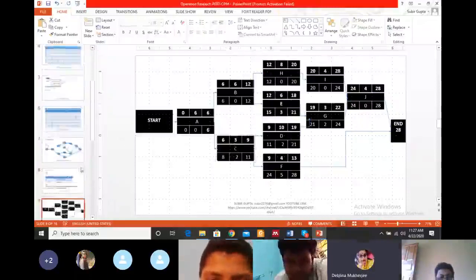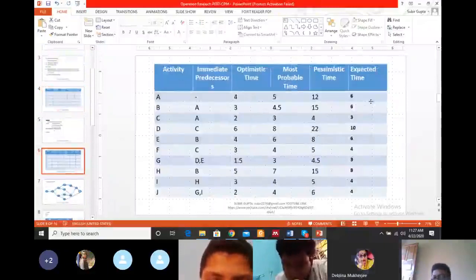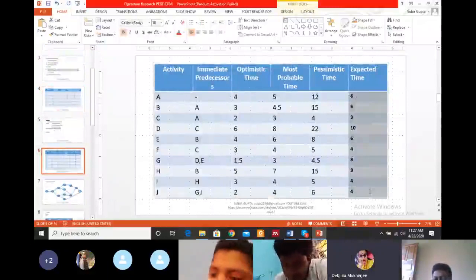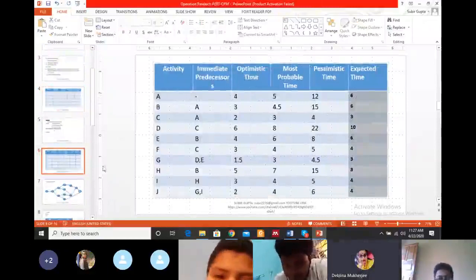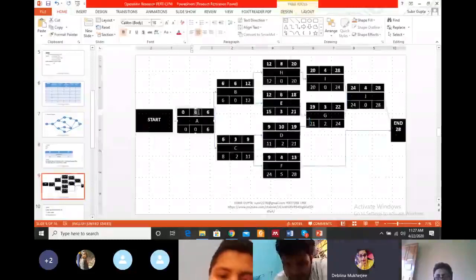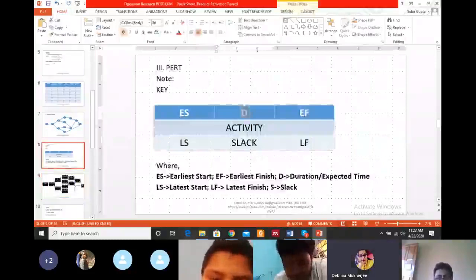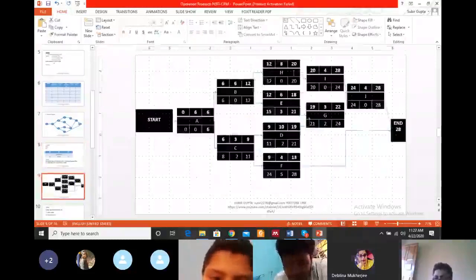Now from this table, the expected time is given to you, or you may calculate it. You just put all the values in the middle part. According to this, the durations are in the middle part. So draw this table in your exercise book and put all the values in that position.